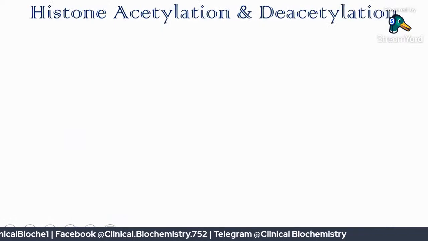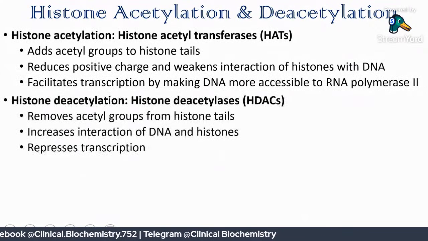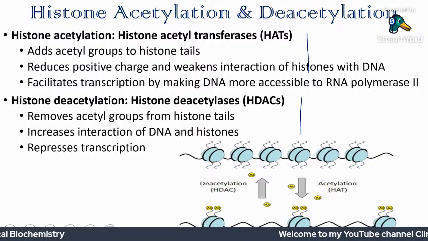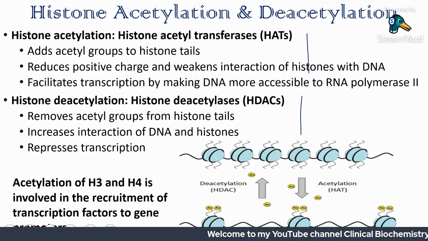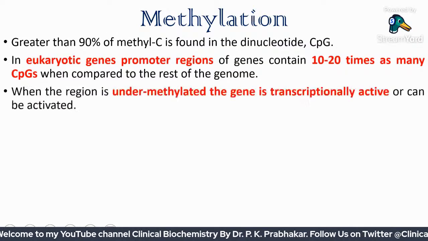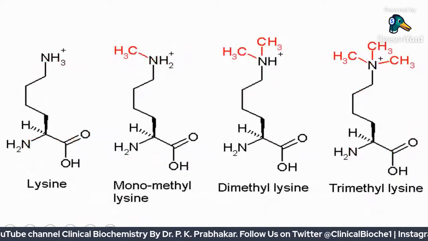This is one thing. This is how it is going to be done, histone acetylase and deacetylase. Similarly, we are having methylation also. We are having methylase and demethylase. So normally if you see here, I will show you this one.